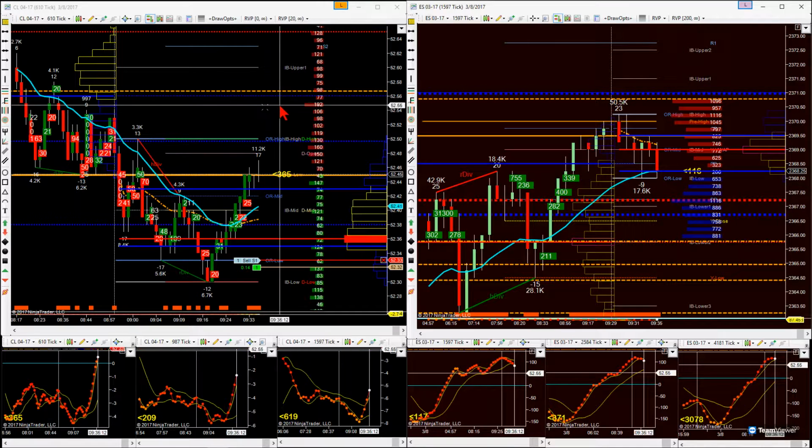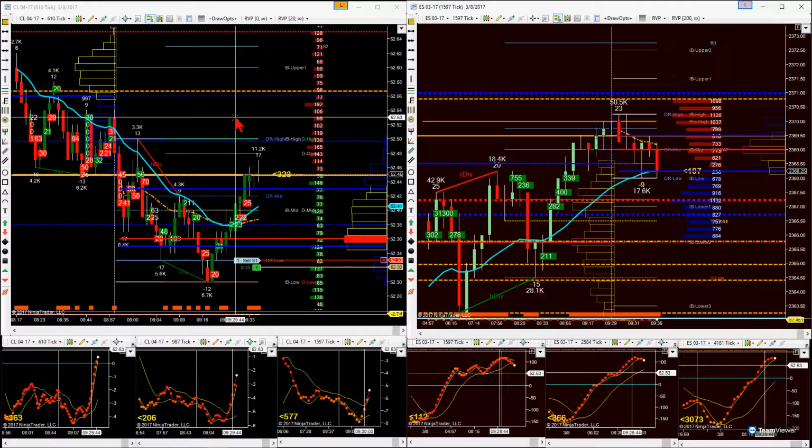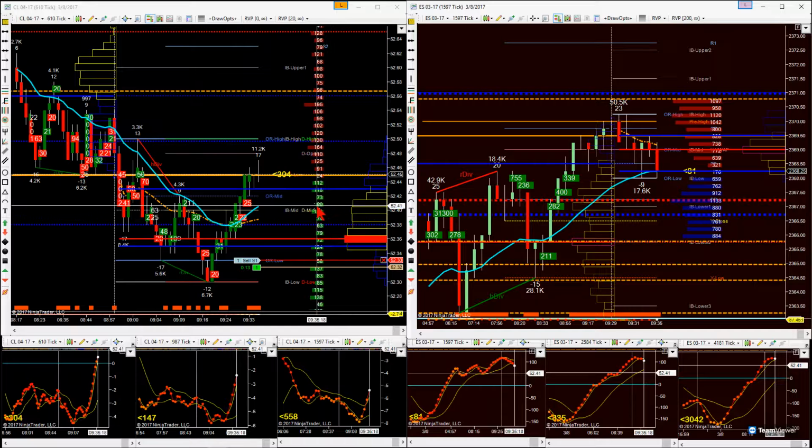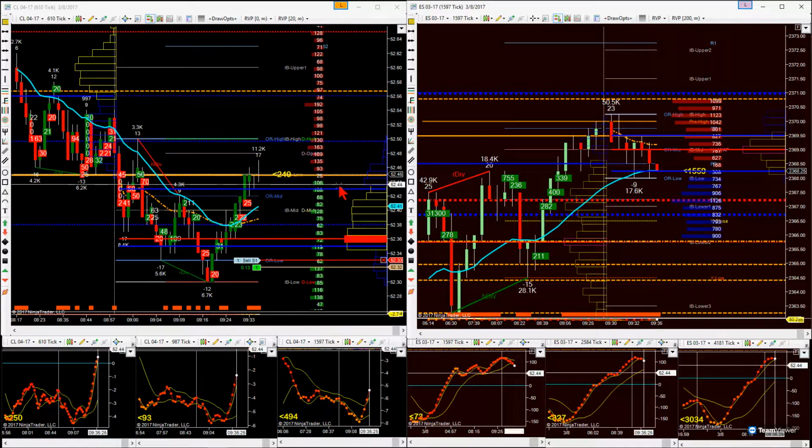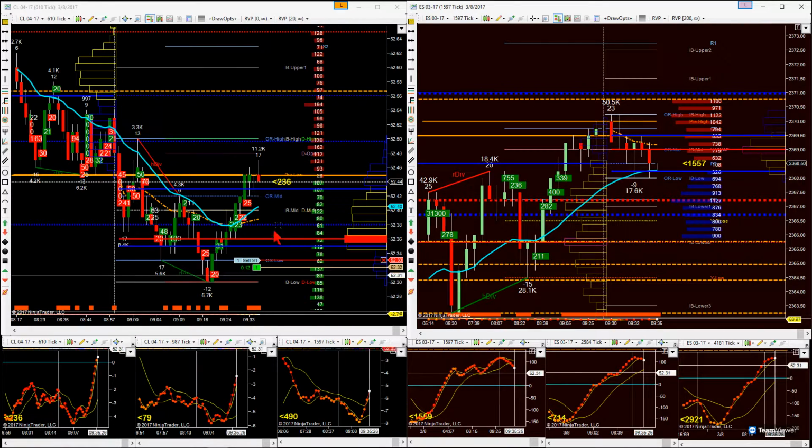Oil getting up above overnight low. It looks to me that buyers have been pretty aggressive. And although we've gotten to make a profit on this trade, I really would have liked to have seen this trade move further for the amount of buyers that we saw stepping in.